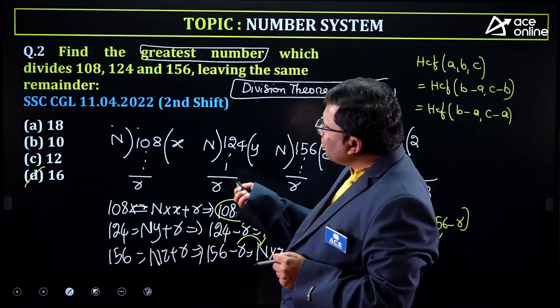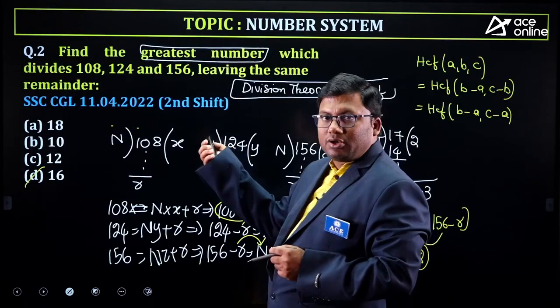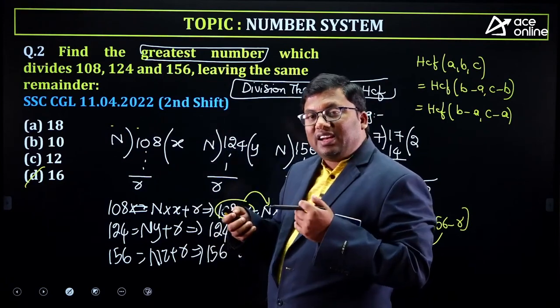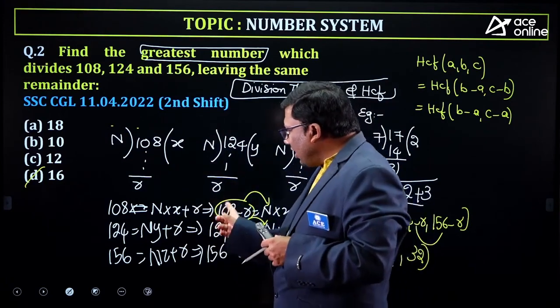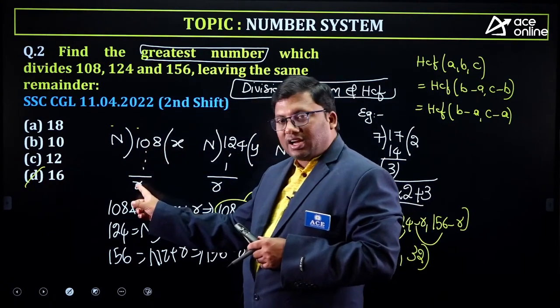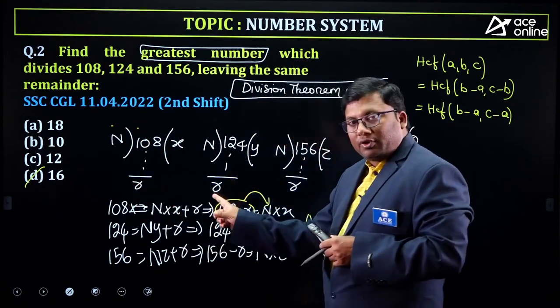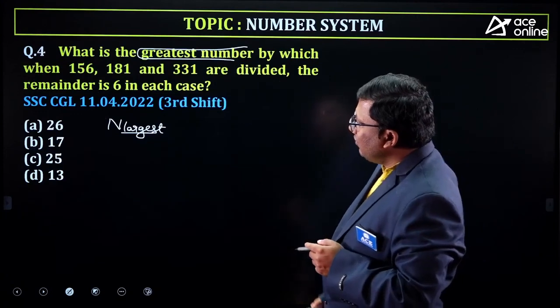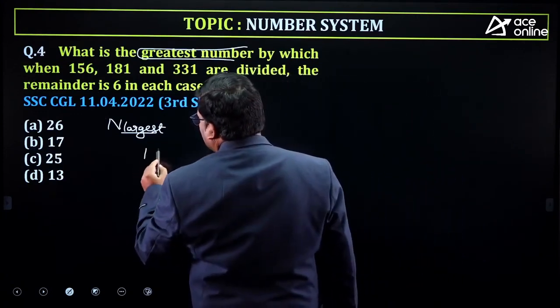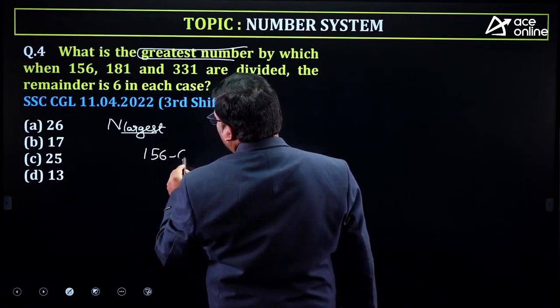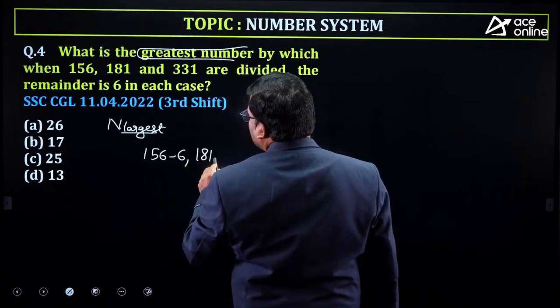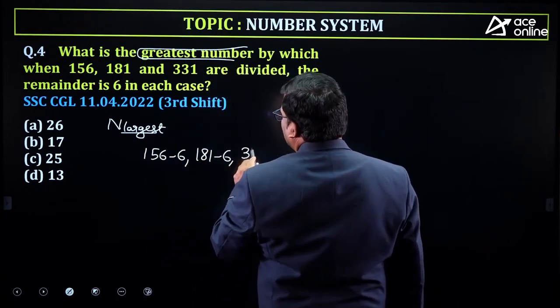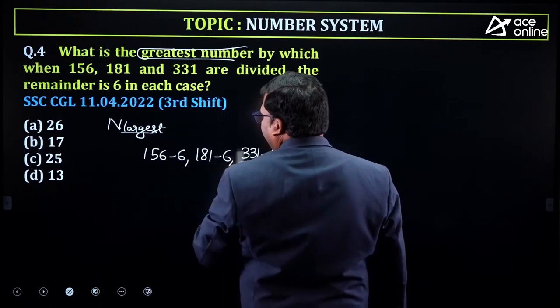If you observe question number 4 and question number 2, question number 2 was leaving the same remainder. We got 108 minus R, 124 minus R, 156 minus R. Here also we will get 156 minus 6, 181 minus 6, 331 minus 6.